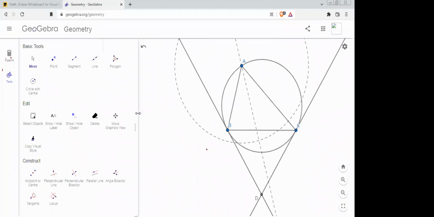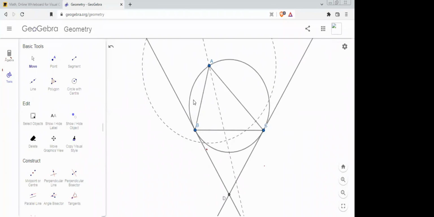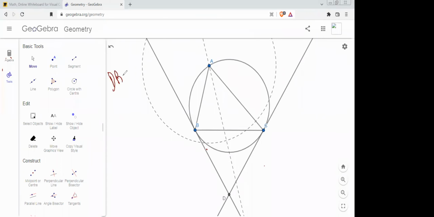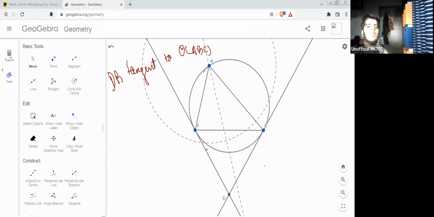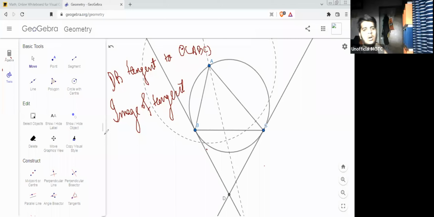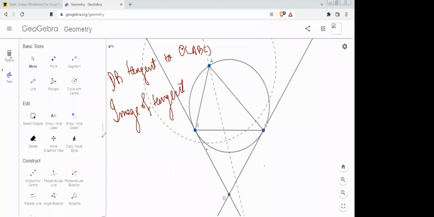So DB is tangent to circle ABC. Yes, DB is tangent. So if D dash is the image of D, then D dash C A. Like, okay, what's the image of the tangent? Let's just go with that. What's the image of the tangent? It's the line perpendicular to BC at C. Tangent is a line, the image should be a circle.